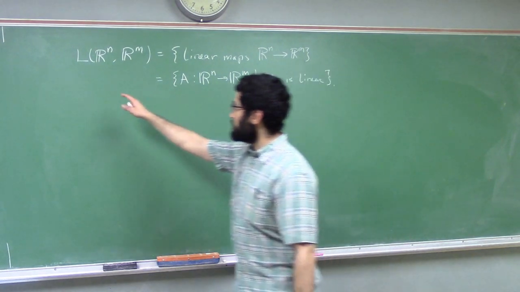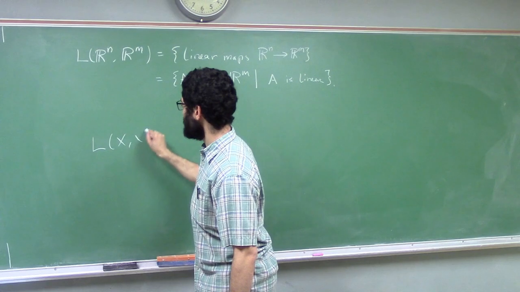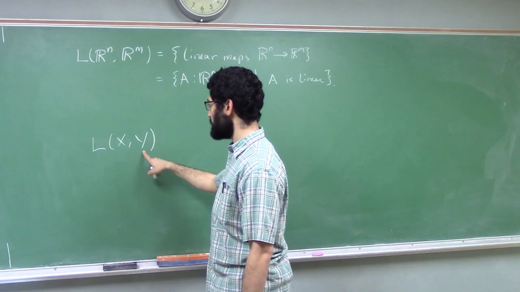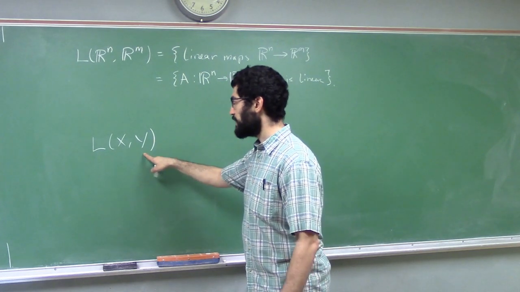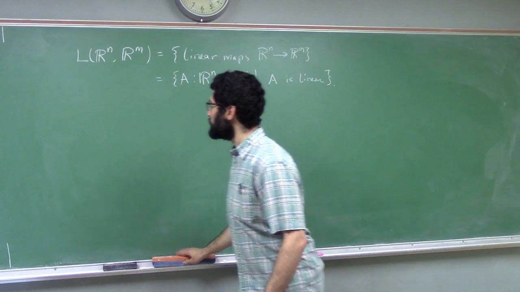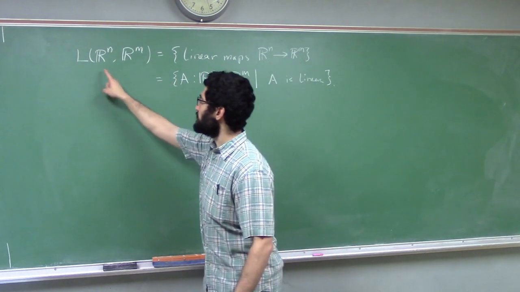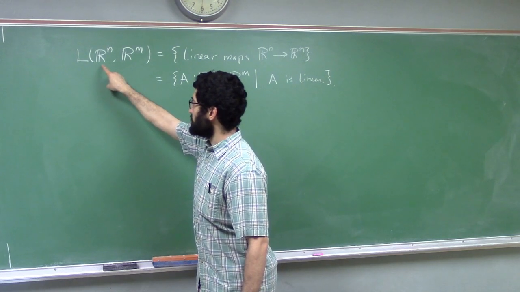All right, so notation. If I write L(X, Y), where X and Y are vector spaces, then let's make that stand for the set of linear maps from X to Y. And for us here, we're just going to be concerned with the special case where the vector spaces are Rn and Rm.